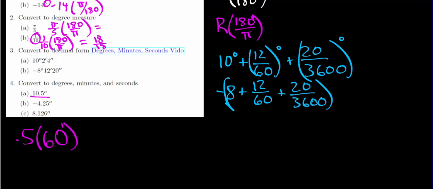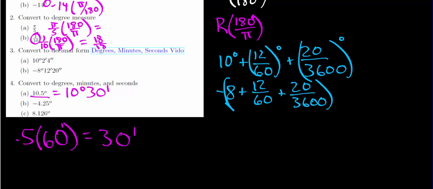Okay, half of 60 minutes. So that would be 30 minutes. So this would be 10 degrees and 30 minutes. Now, that's the way we proceed with the degrees, minutes, and seconds if we're converting from decimals to degrees.